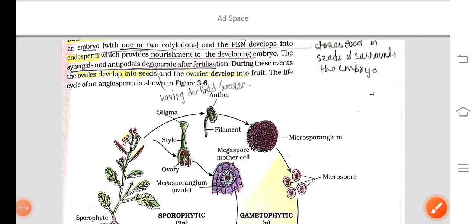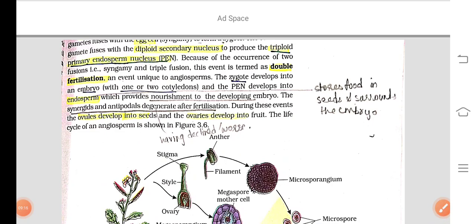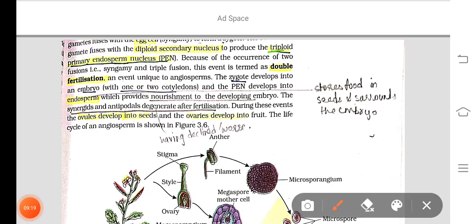And it forms the triploid primary endosperm nucleus, which is PEN. So you can see that there are 2 fertilizations happening.